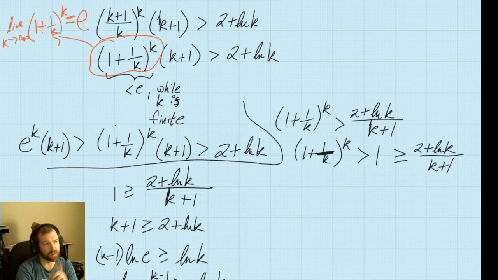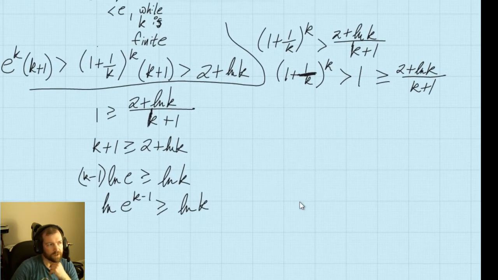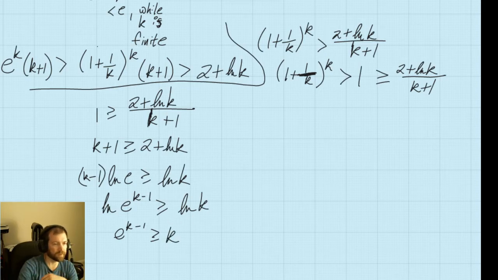Alright, since this is 1 to 1, you can also just get rid of the natural logs because it's a 1 to 1 function. It's e to the k. This one is greater than or equal to k itself. Yeah, okay.